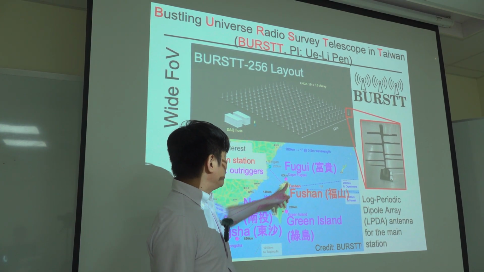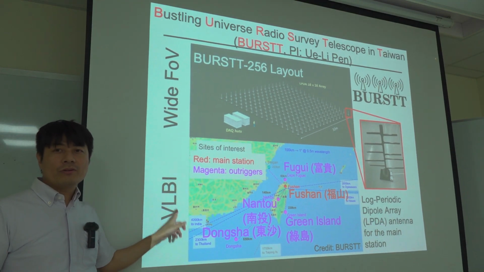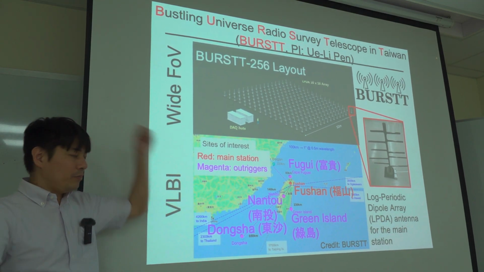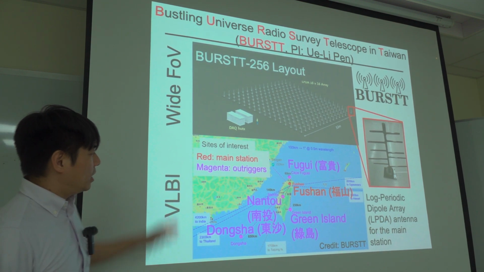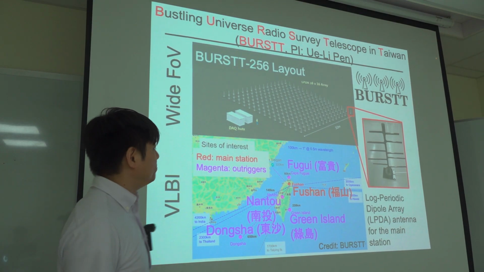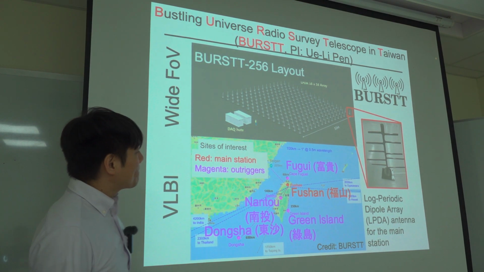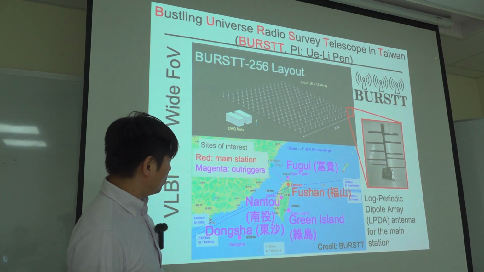And then, as I mentioned before, we need to do VLBI observation. This is combining multiple stations all together to make an apparently single, large telescope. We have different stations over Taiwan. This is not all of them, I think.